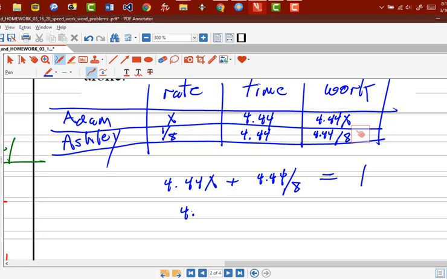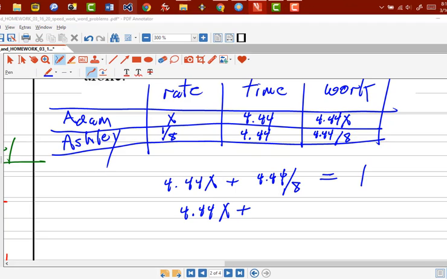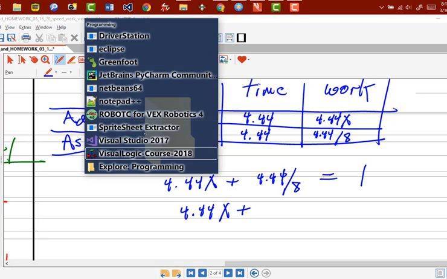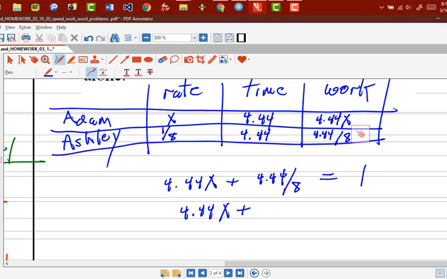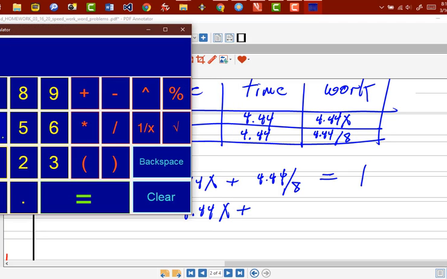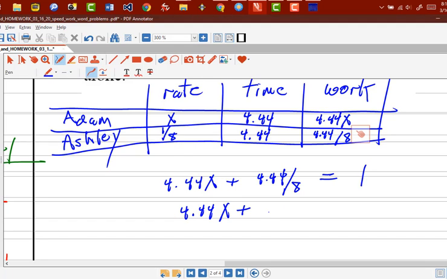So I get 4.44x plus, and then let me go to the calculator. Oops, wrong one. 4.44 divided by 8. That gives me 0.555.